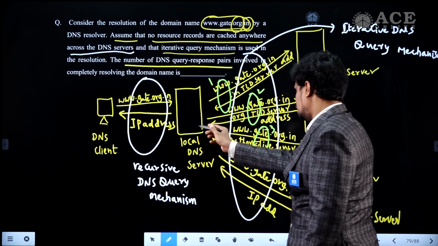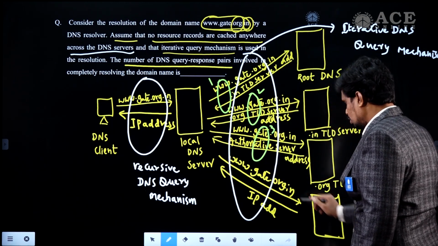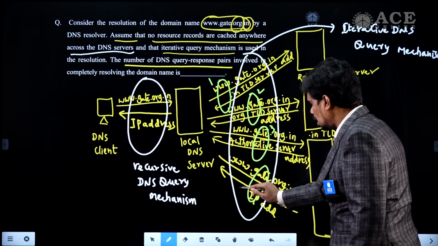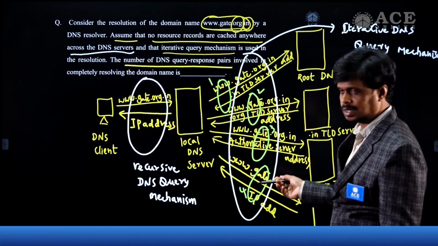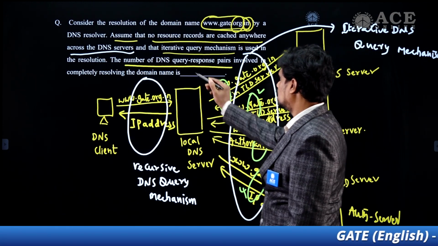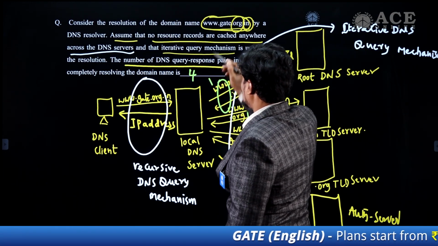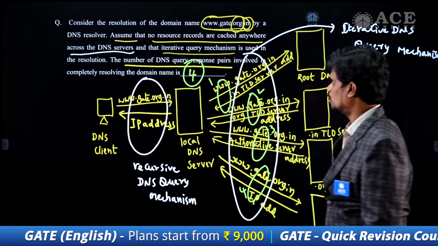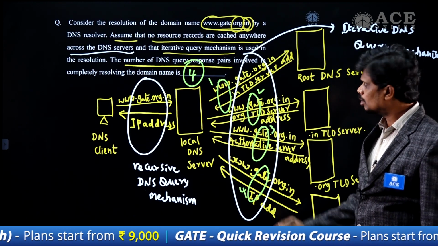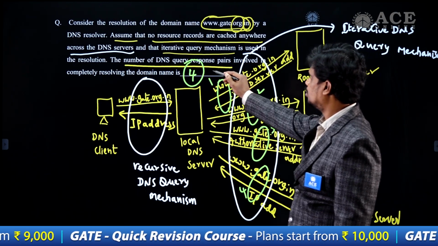And the interaction between the local DNS server and the authoritative server is another pair. So in total, how many DNS query response pairs are there? Total 4. As it is the iterative mechanism, you have 4 DNS query response pairs. Okay, so the answer for this question is 4.